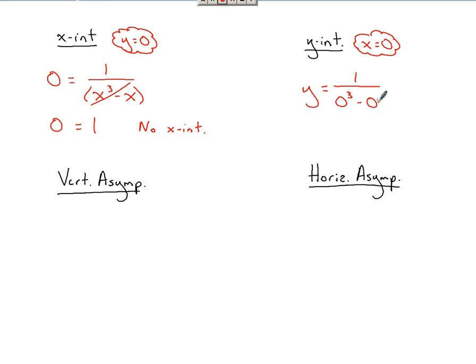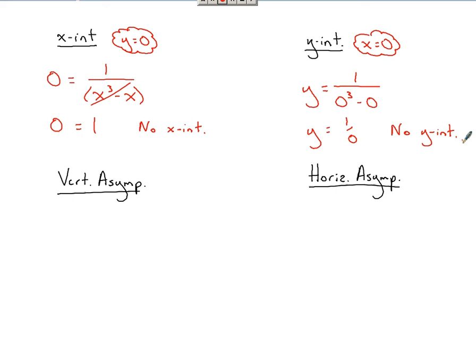Is that going to work? Yeah, y equals 1 over 0. That's not going to work so well. That does not exist. So we didn't get a solution back for y either. But had we gotten a solution back for y, that value we could plot on the y-axis, right? Just another point we could work with. But reviewing how to find intercepts, no real luck here. No x-intercept, no y-intercept.